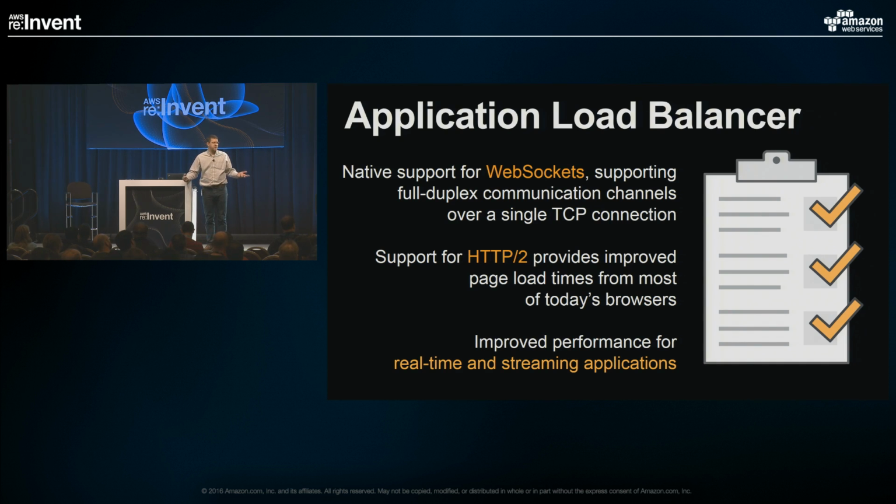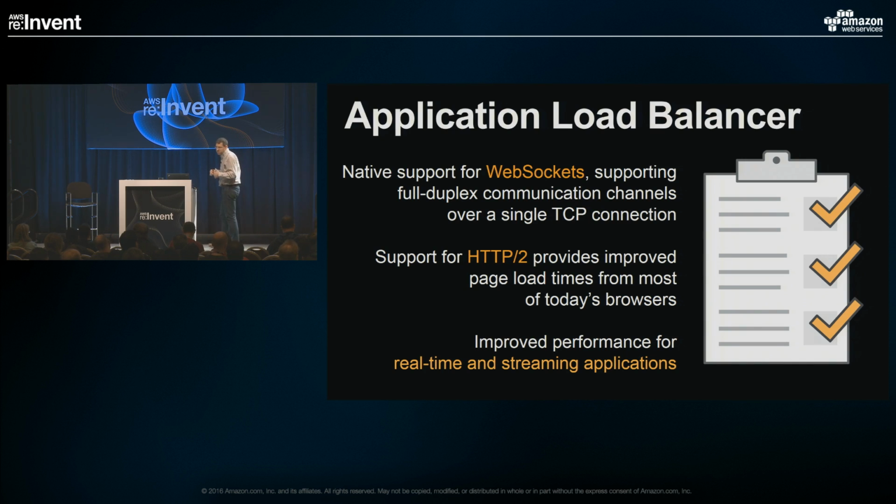Basically allow full duplex communication. So we have a lot of customers doing it for things like Twitter feeds and your sports feeds, where you've got an iPad and you want to connect to the load balancer, and from the server you want to be pushing content to the iPad or pushing to the device. So WebSockets are letting you do that. So previously customers would use TCP load balancing on Classic. Now you get full WebSocket support.